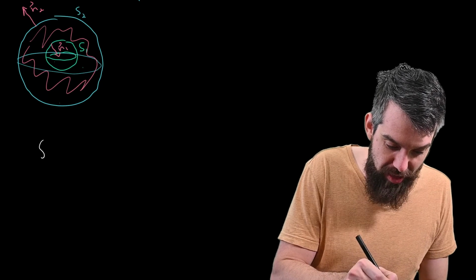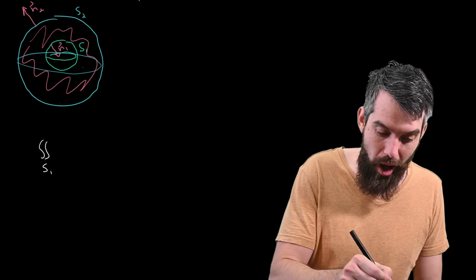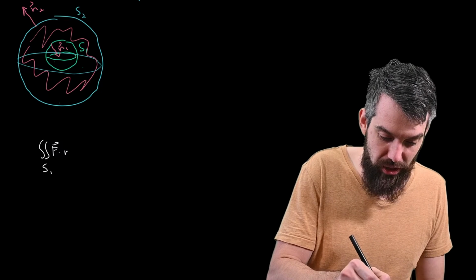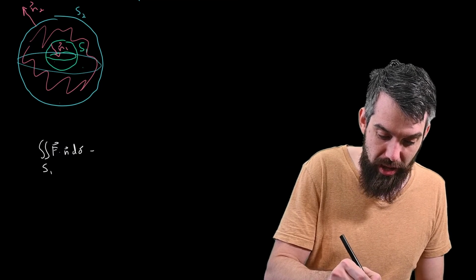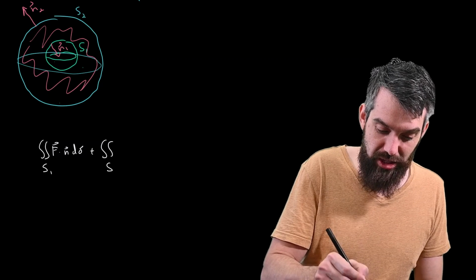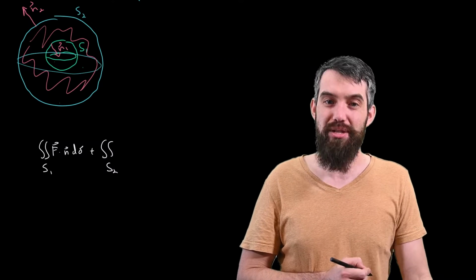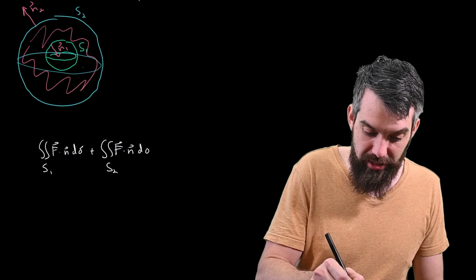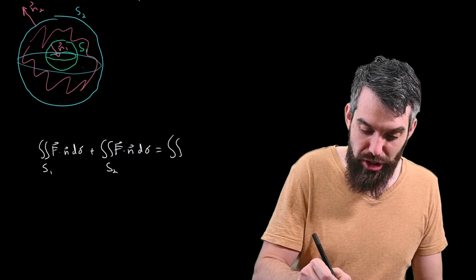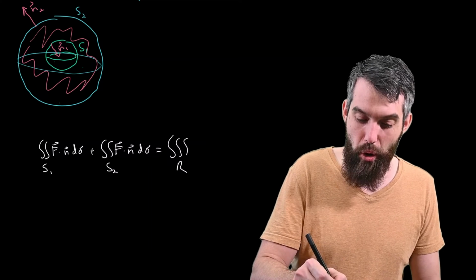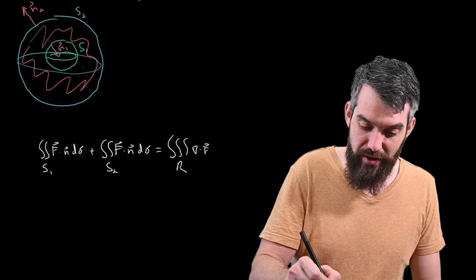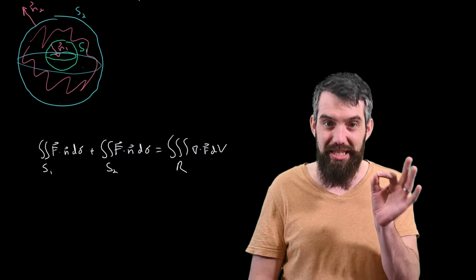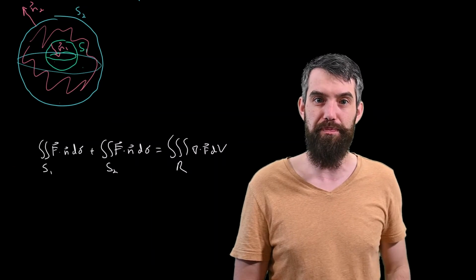I'll say that the surface integral over S1 of f dot n d sigma, added to the surface integral along the outside, S2, of f dot n d sigma, has to add up to the triple integral over the region of the divergence of f dV. That's our restatement of the divergence theorem in this context.